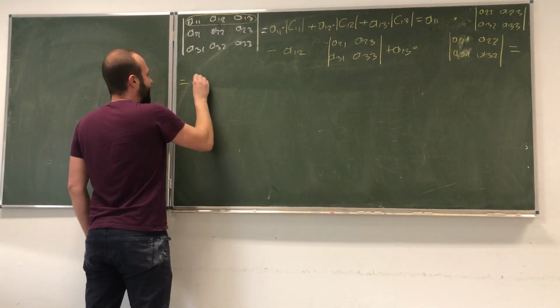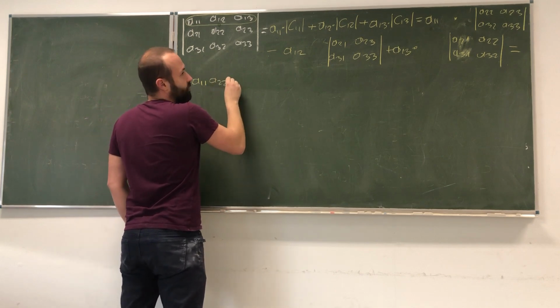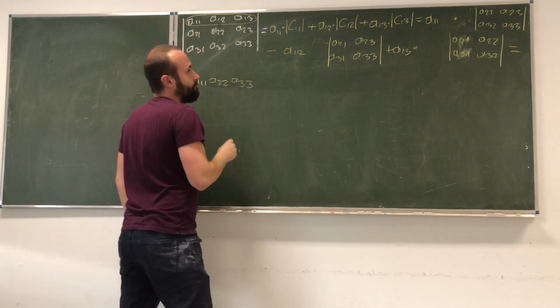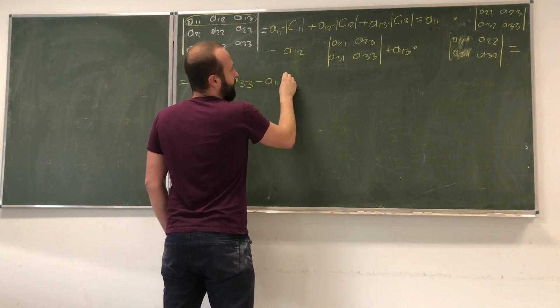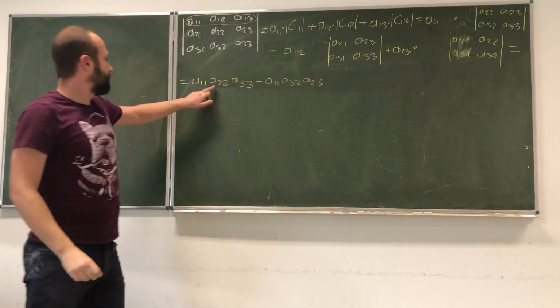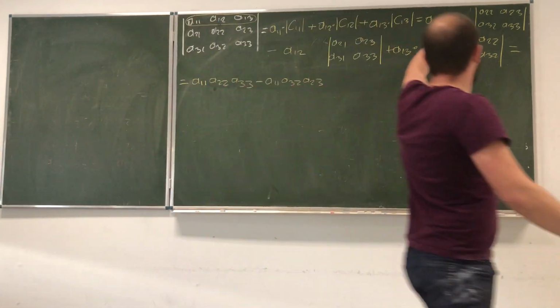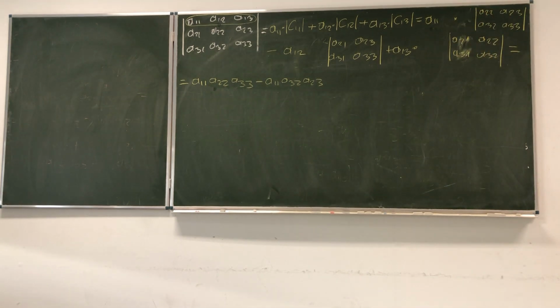So we get that this is A11, A22, A33, minus now A11, A32, A23. Right? Because here we are going downstairs. When we are going downstairs, we keep the sign. Here we add minus up front.